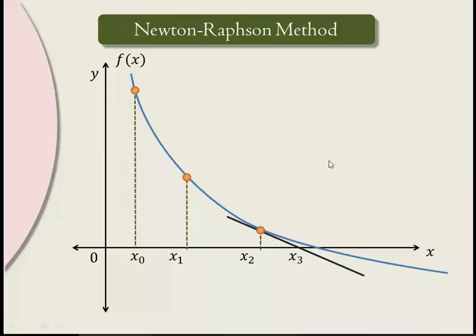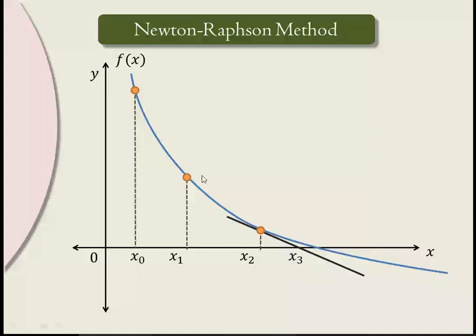In the previous three methods, we approach the root from inside. In one sense, we approach it from inside by drawing the chord or secant, which is a fixed straight line. We draw a line between the points, and then we reduce that line.